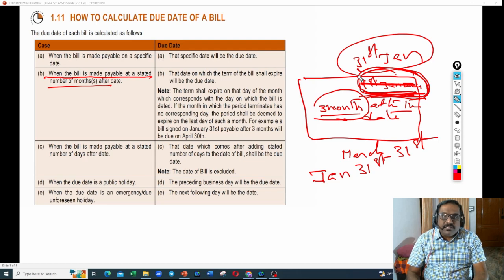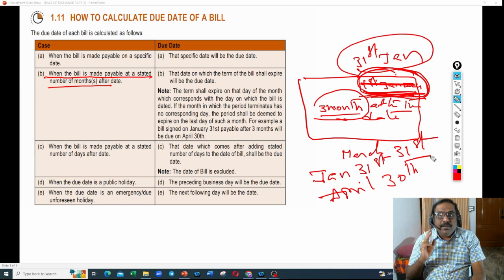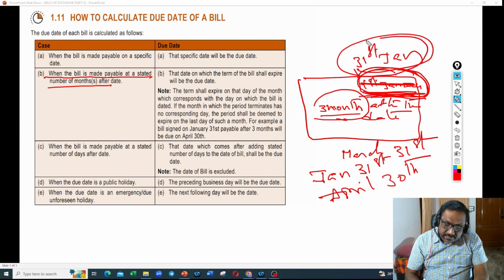So we don't need to consider 31st January. February one whole month, March one whole month, April. April month end is what date? April 30th. So April 30th will be the due date. So 3 months will be calculated after this date.